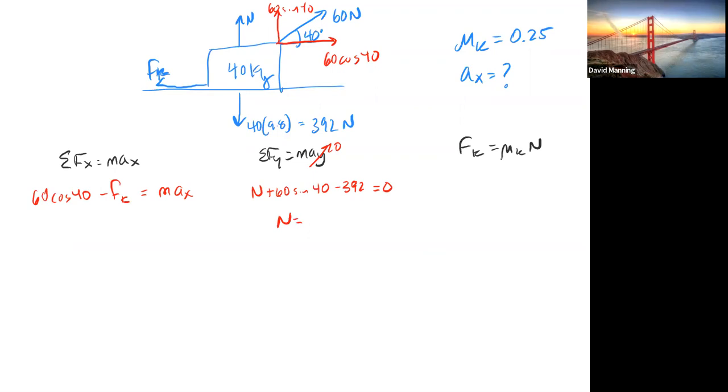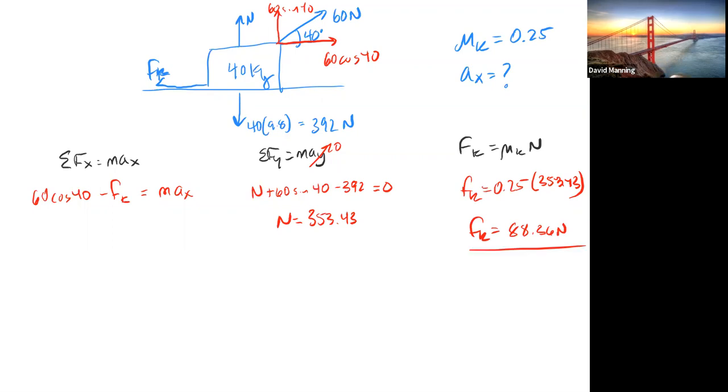N equals, that's not right. No. 353.43. Fk equals 0.25 times 353.43. 88.36.